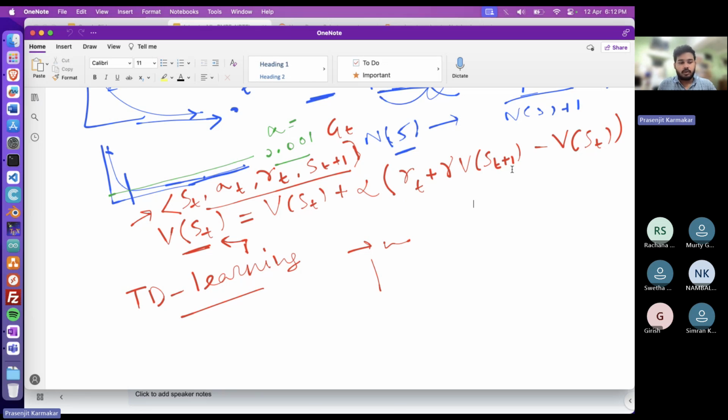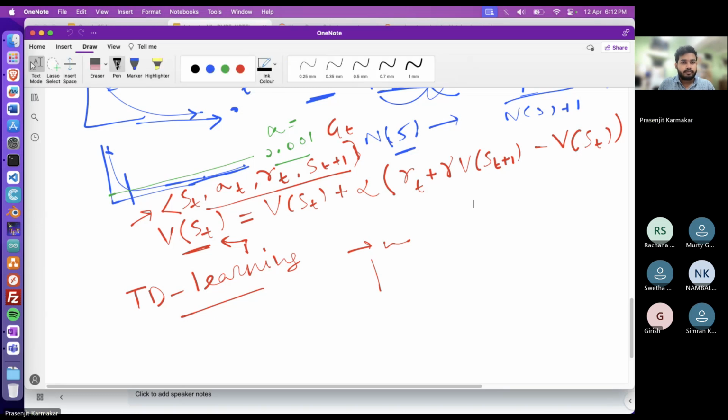Instead of just looking one step into the future, I can also write it like this: R_t plus gamma V(S_t+1) plus, if I consider another roll-up, gamma squared V(S_t+2), right? And this is called TD1.